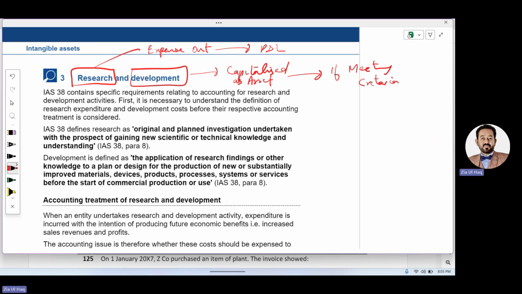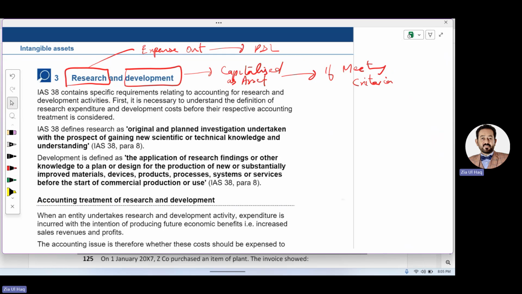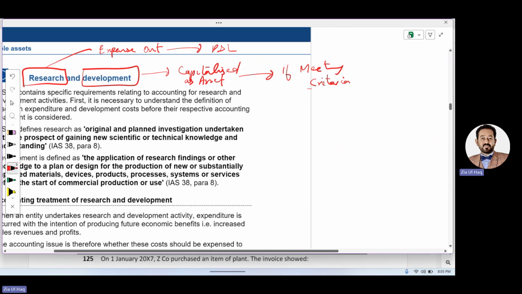If they are not meeting the criteria, they should also be expensed out. But if development cost meets certain criteria, it must be capitalized. What could be the criteria? There are 6 criteria.